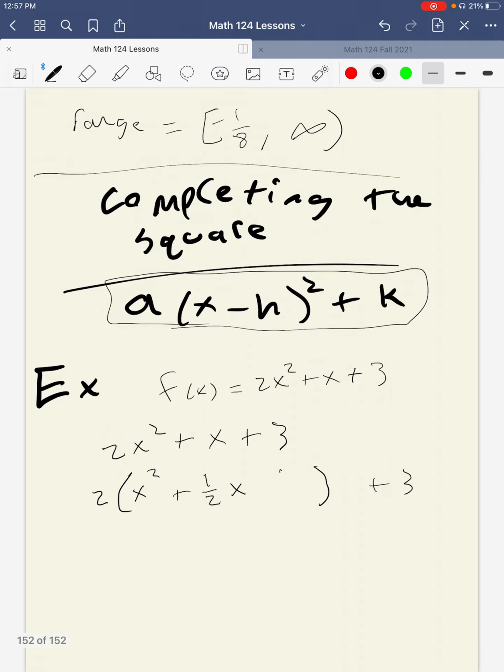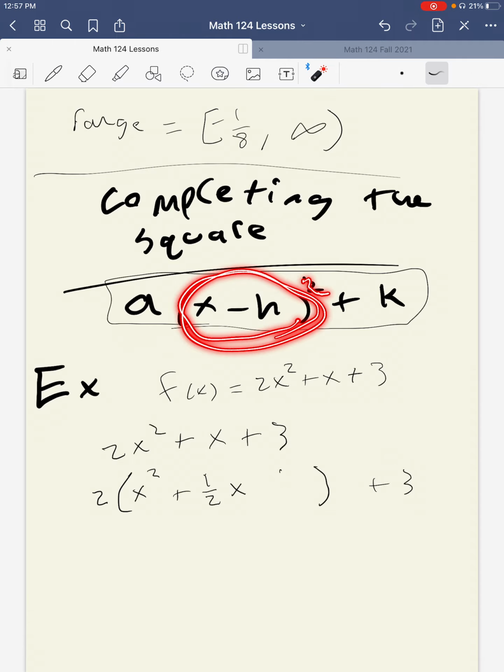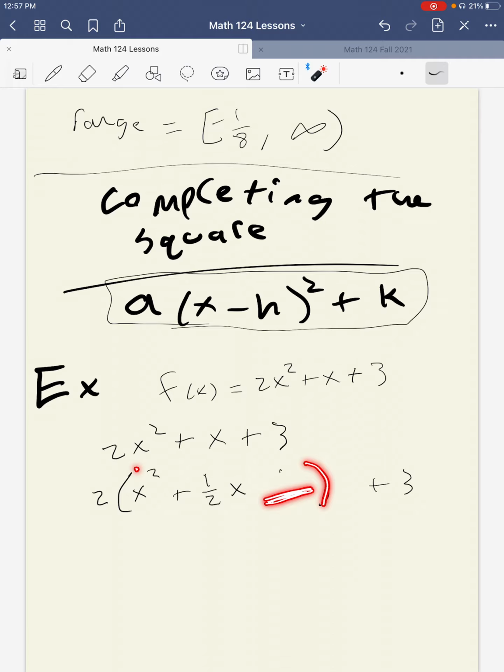Now, if we look at our goal, we want what's in the parentheses to be a perfect square term. So I need to add a magic number here so that I can factor what's in the parentheses perfectly. And how we find that number is take this middle number, cut it in half and square it.